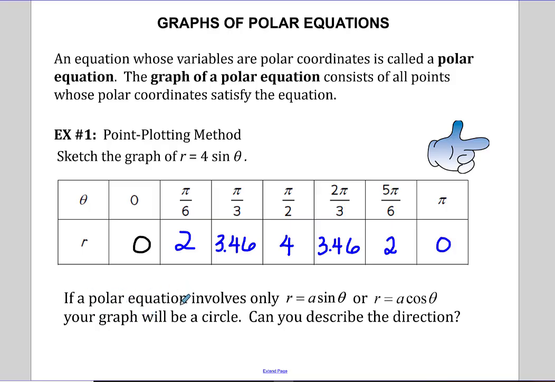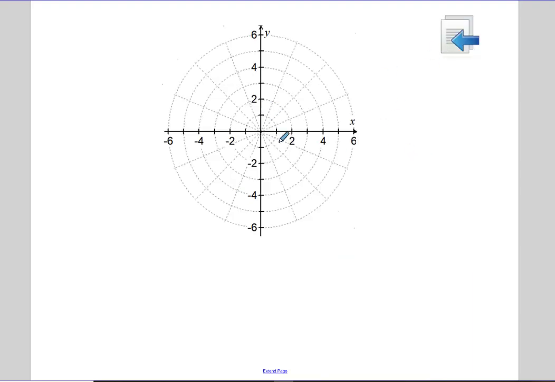Okay, so if a polar equation involves only r equals a sine theta or r equals a cosine theta, your graph is going to be a circle. And we can be able to describe the direction after a little bit of experience.